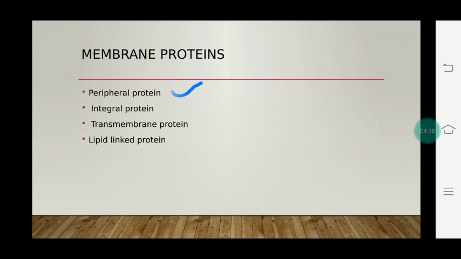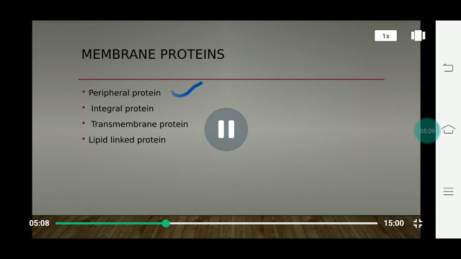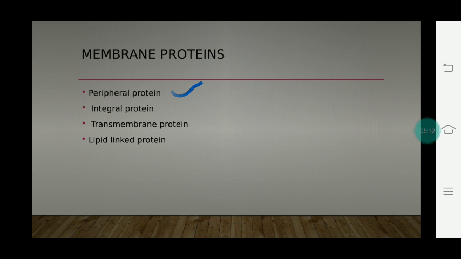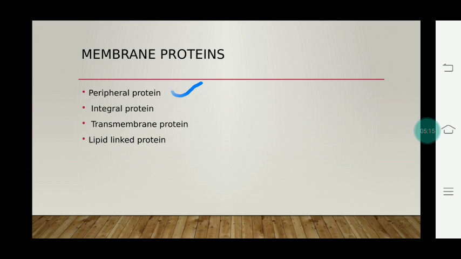So through a gentle extraction procedure with an ionic solution at an extreme pH, which interferes with the weak non-covalent interactions between the protein and membrane lipid, the proteins which are extracted easily are called peripheral proteins, because they are found on the periphery of the plasma membrane and are easily extracted. They are also called extrinsic proteins.